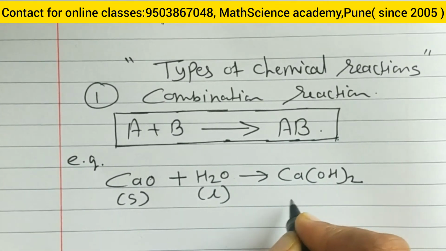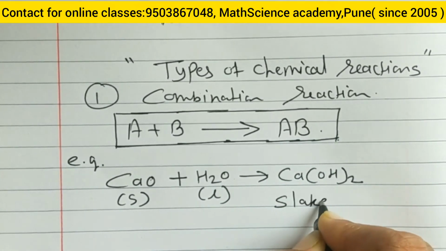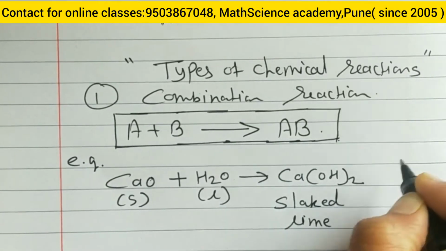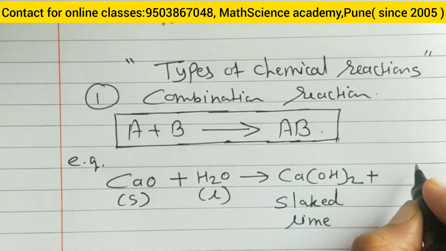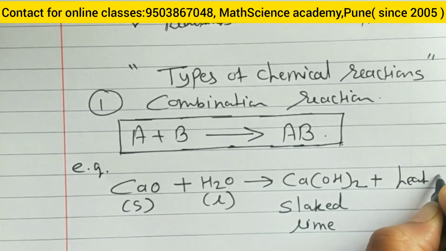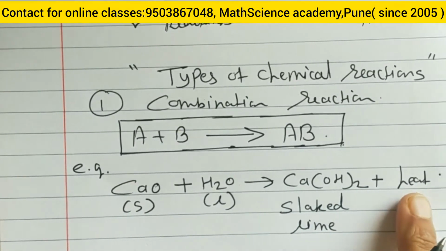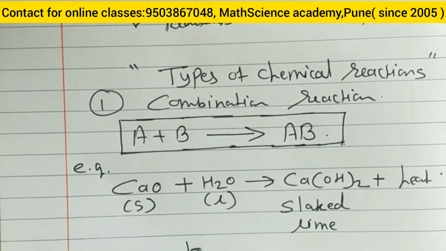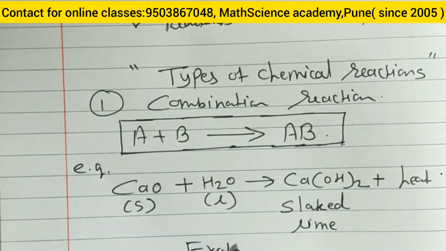Calcium hydroxide is also known as slaked lime, and the reaction is highly exothermic as a lot of heat is produced during the reaction. A reaction in which heat is produced is known as an exothermic reaction.